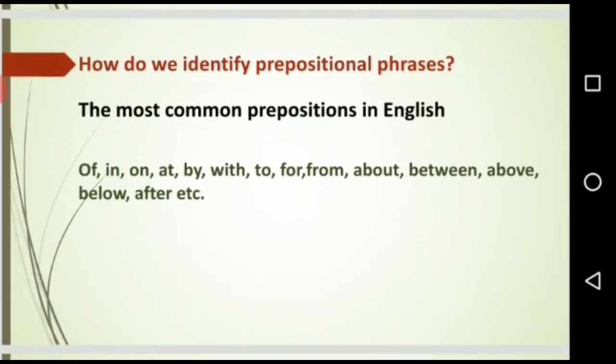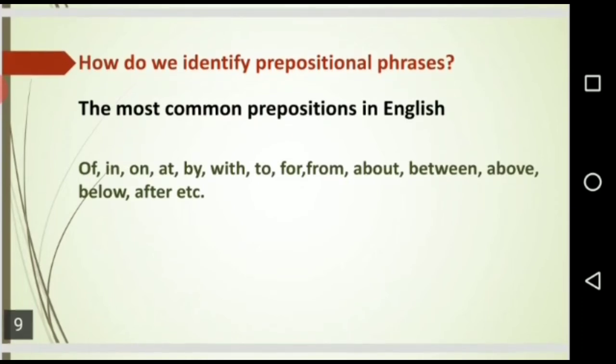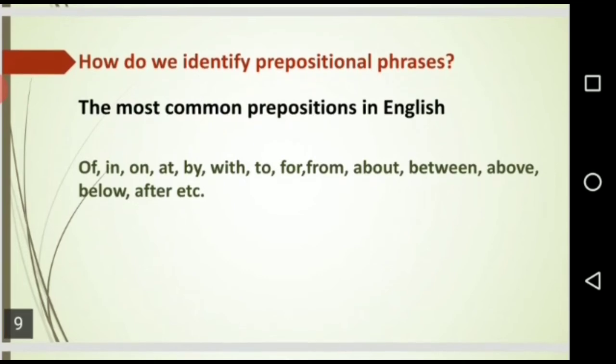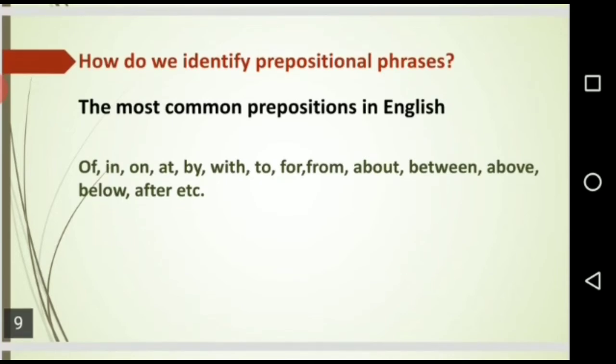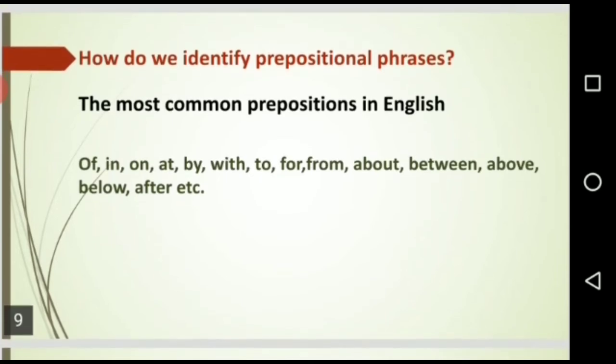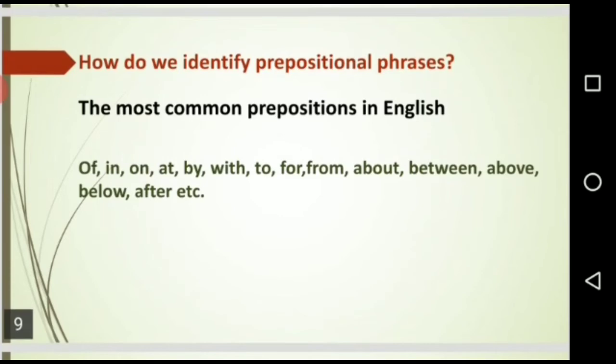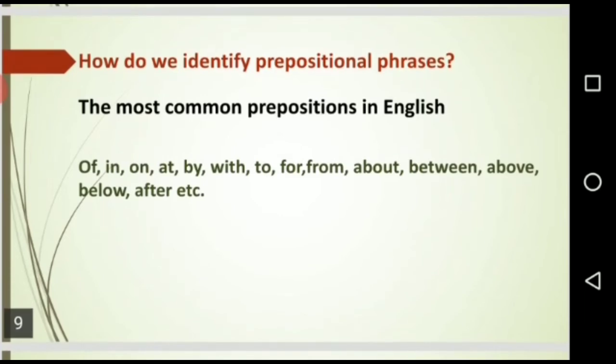Now, let us discuss how to identify prepositional phrases. In order to identify prepositional phrases, it is important that we should know which are the prepositions in English. I have listed out a few prepositions in English language here. They are the most common prepositions in English.